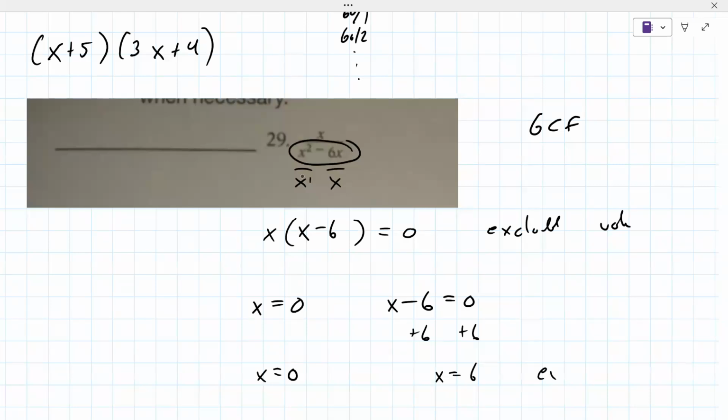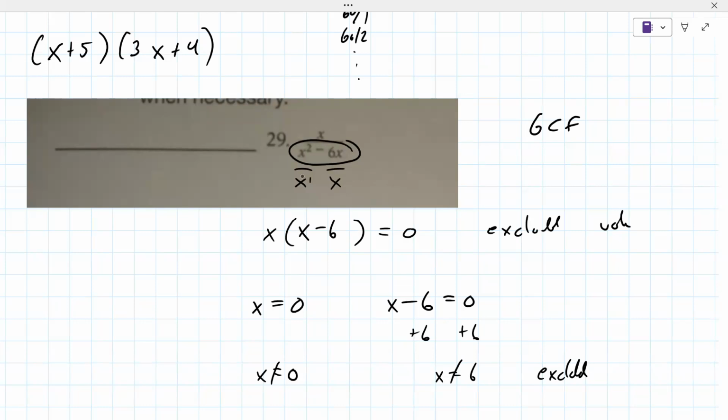So these are the excluded values. You're going to say x cannot equal 0 and x cannot equal 6. There's a bit more to do, but that's the start of it.